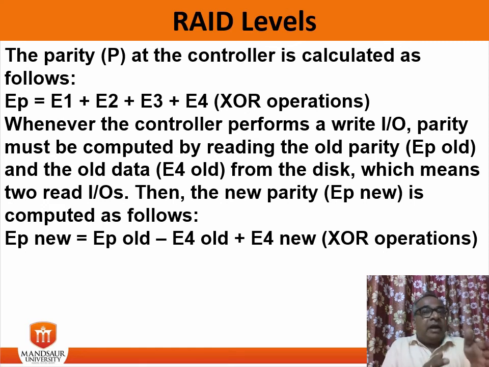Therefore, in a RAID 6 implementation, the controller performs 6 IO operations for each write IO, and the write penalty is 6.